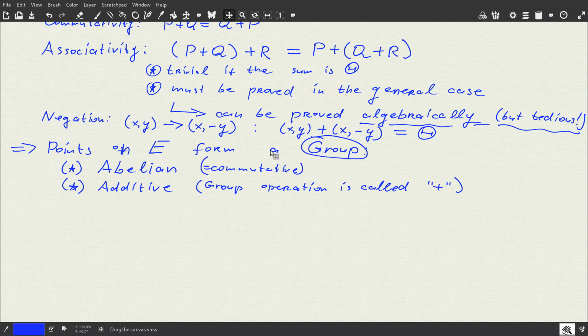Okay. Then it is a group, and we can do the following. For example, if we fix a certain point on the curve, suppose that there is G, a point which belongs to our elliptic curve, a fixed point.